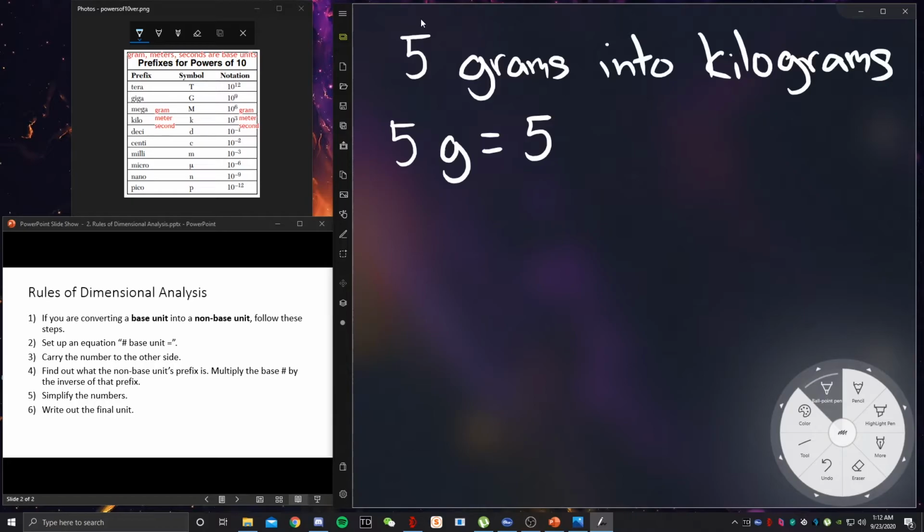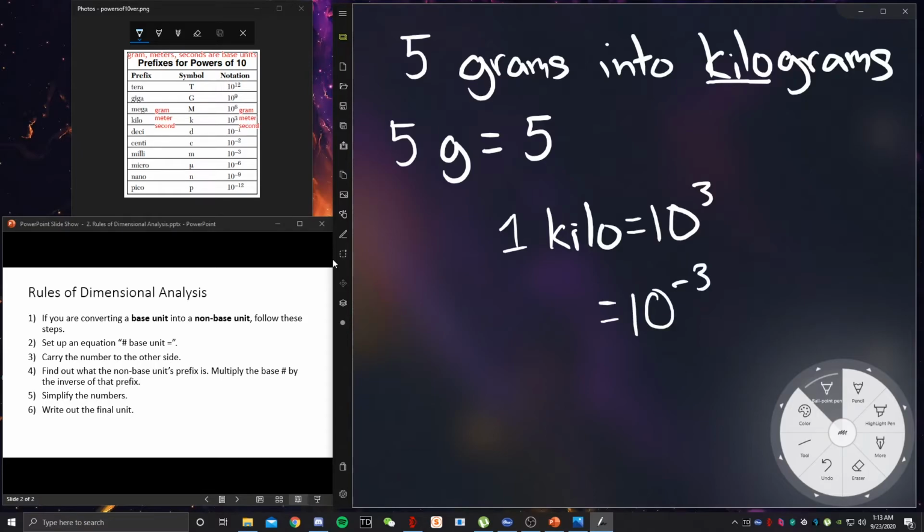The non-base unit's prefix is kilo. All right. So if we look at our powers of 10 chart, we know that 1 kilo is 10 to the 3. But instead of multiplying by 10 to the 3 this time, we're going to multiply this number by the inverse of this prefix. The inverse meaning 10 to the -3.